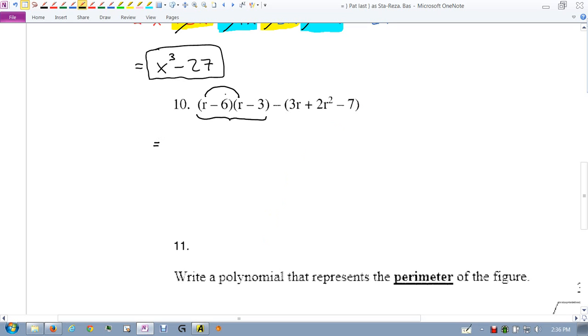R times r squared. R times negative 3, negative 3r. Negative 6 times r, negative 6r. And the last one? Positive 18. Yep. Negative times negative would give us the positive.